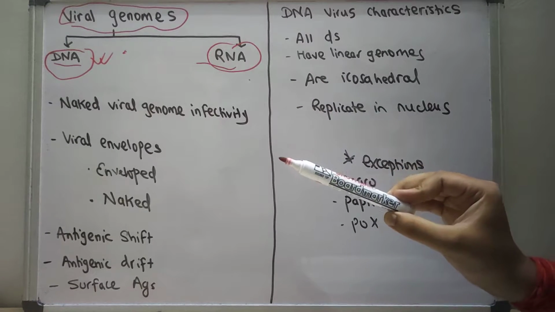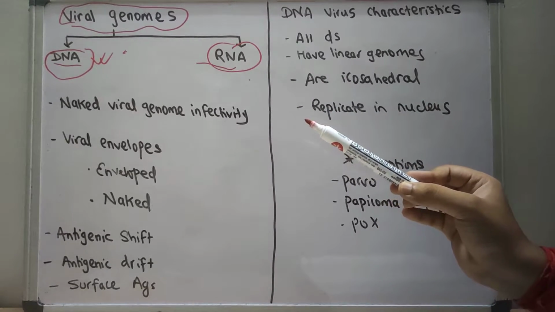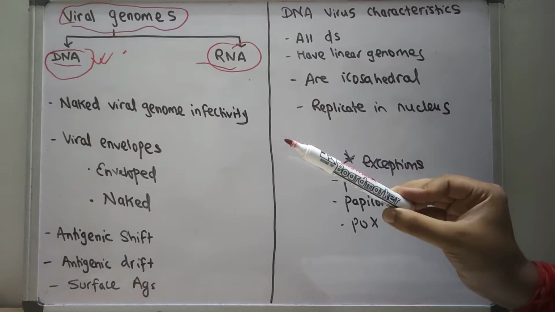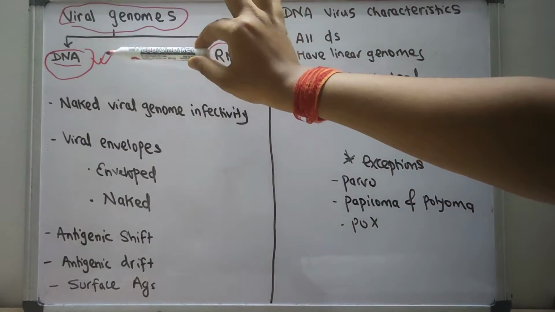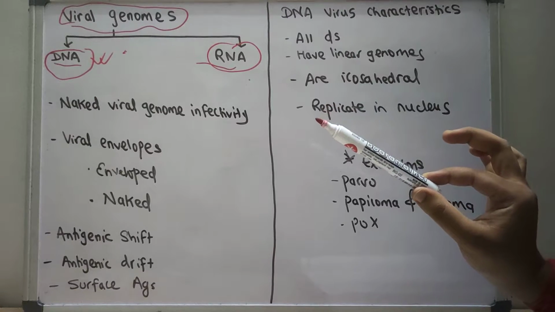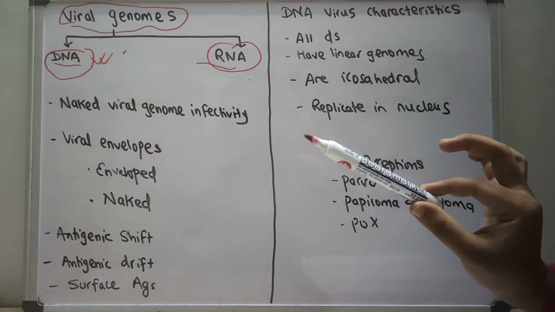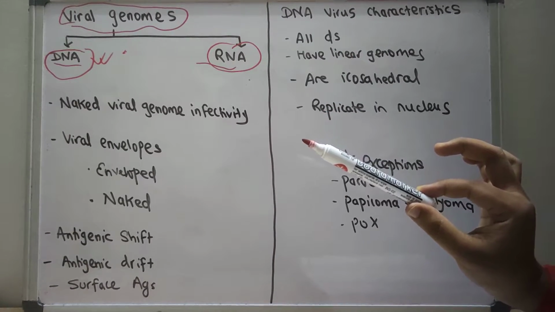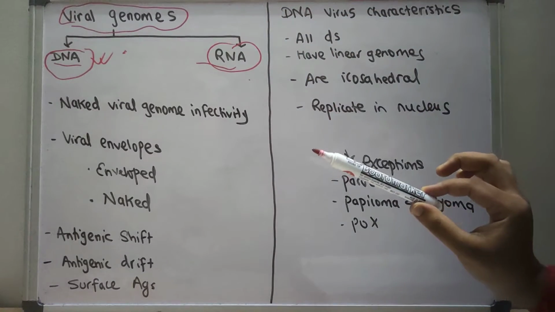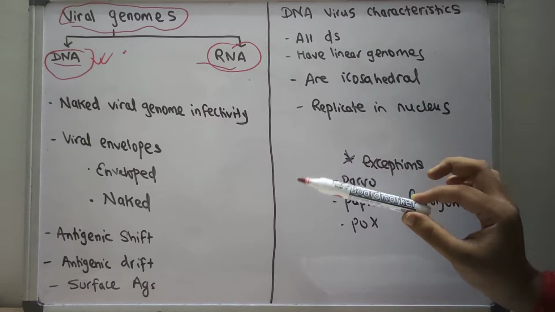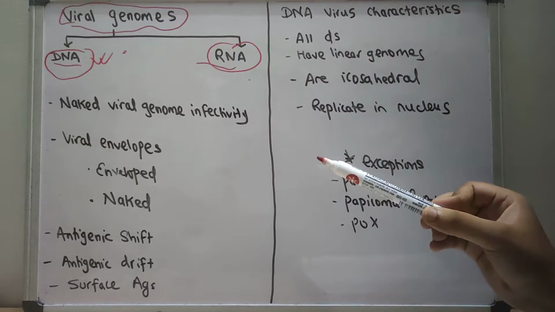So these are the RNA viruses. Again, all DNA viruses have double-stranded DNA except Parvoviridae, which has single-stranded DNA, and all RNA viruses have single-stranded RNA genomes except Retroviridae, which has double-stranded RNA.